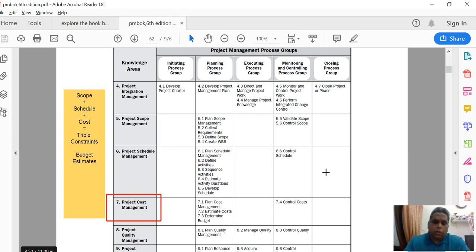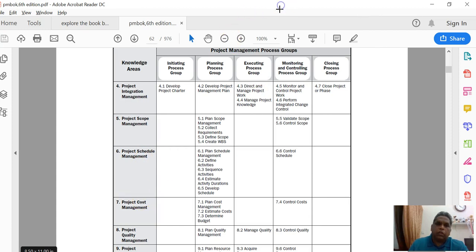PMI talks about a very important controlling tool called earned value management, which is a tool that is used to control your costs on the projects. Now, your scope, your schedule, and your cost combined together is what constitutes your baseline on the project.